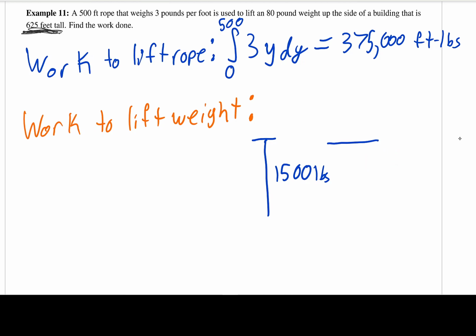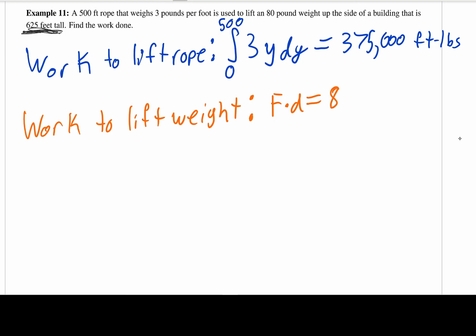However, with the weight, that doesn't happen. It's there the whole time. So we're going to have a constant force, which means we should have the work is equal to force times distance, where the force is going to be the weight of the weight.